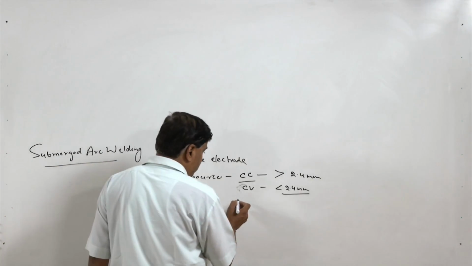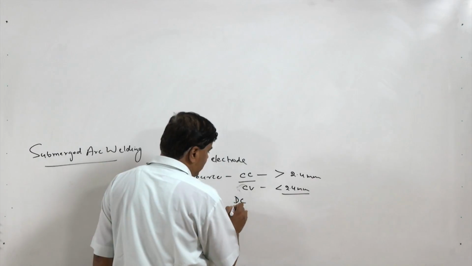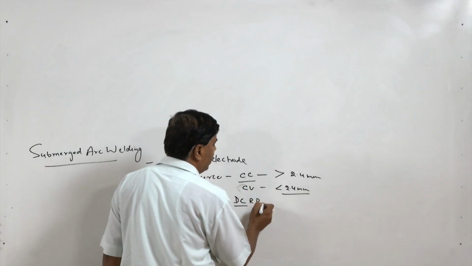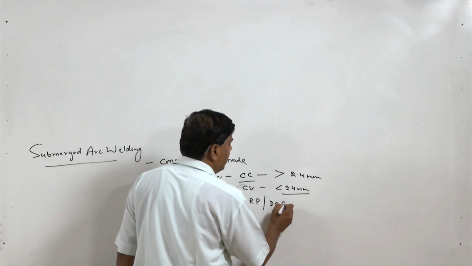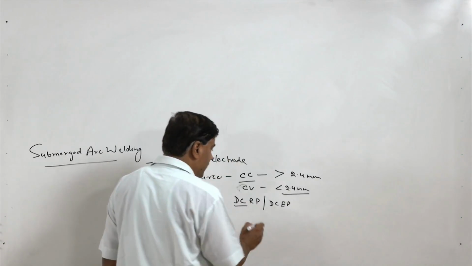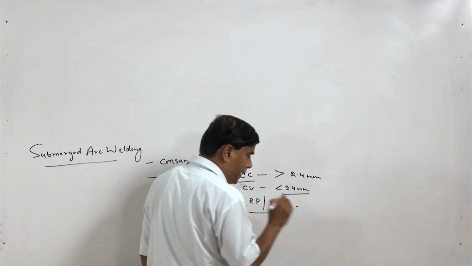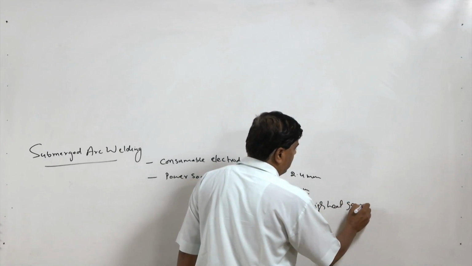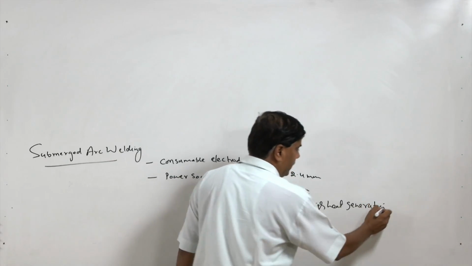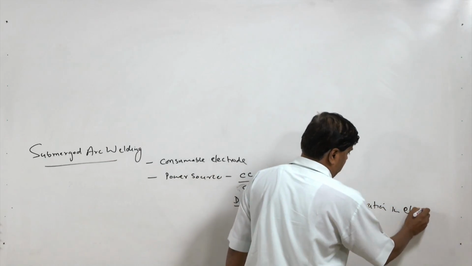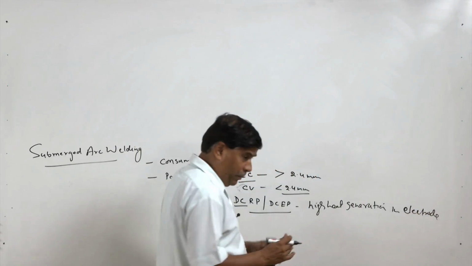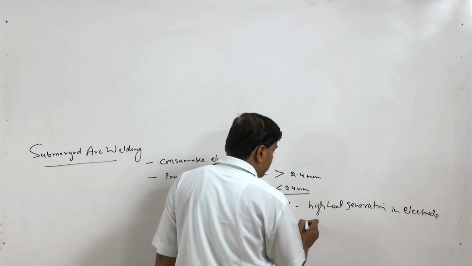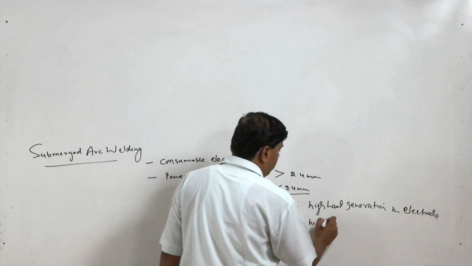When we work with mostly the DC constant current type of the power source, the reverse polarity or DCEP, electrode positive polarity, is invariably used to take the advantage of the high heat generation in the electrode side so that we can have very high melting rate of the electrode. This is intentionally done to achieve the high melting rate.